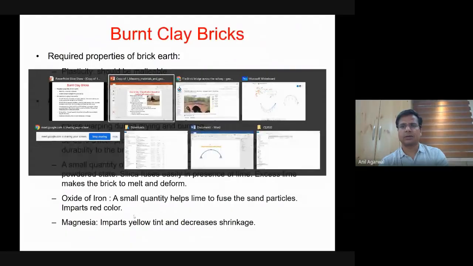Generally, for good malleability, high strength and durability later on, some minerals are required. The most common mineral that you need is silica, right? What do you understand by silica? What is the chemical formula of silica?